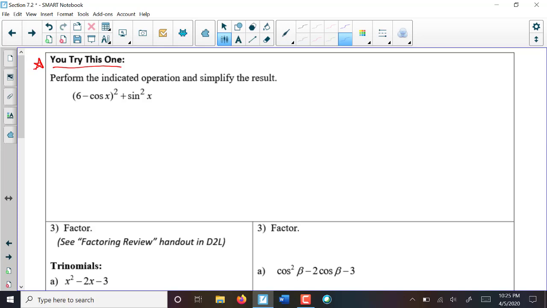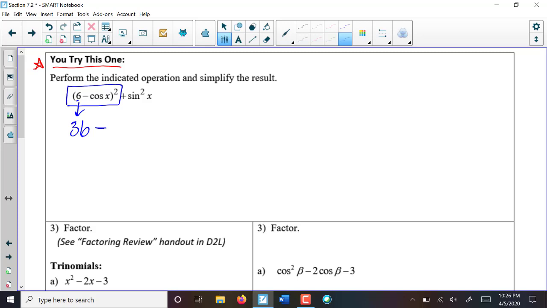So here we are once again squaring a binomial, which is multiplying or distributing. Okay, so you can write it times itself or do the shortcut. I like the shortcut. You should get comfortable with the shortcut. It'll make it very easy for you. Okay, shortcut says square the first term. So 6 squared is 36. The middle term is a minus.